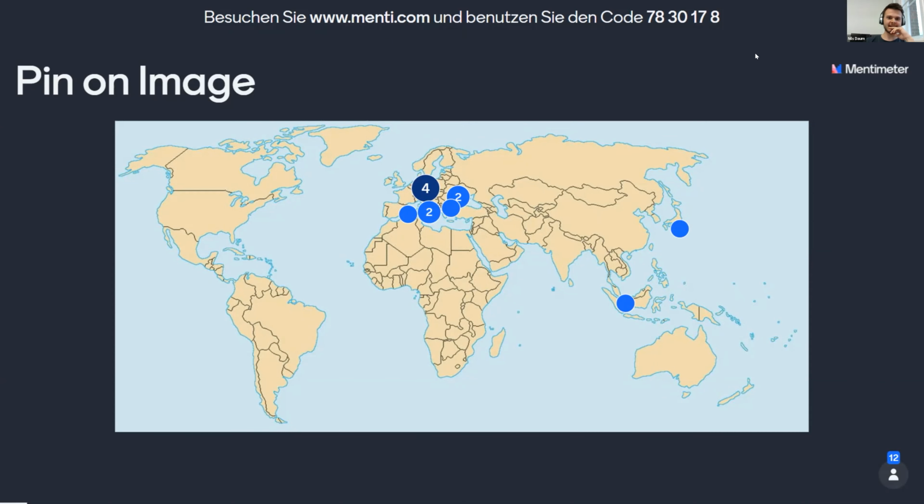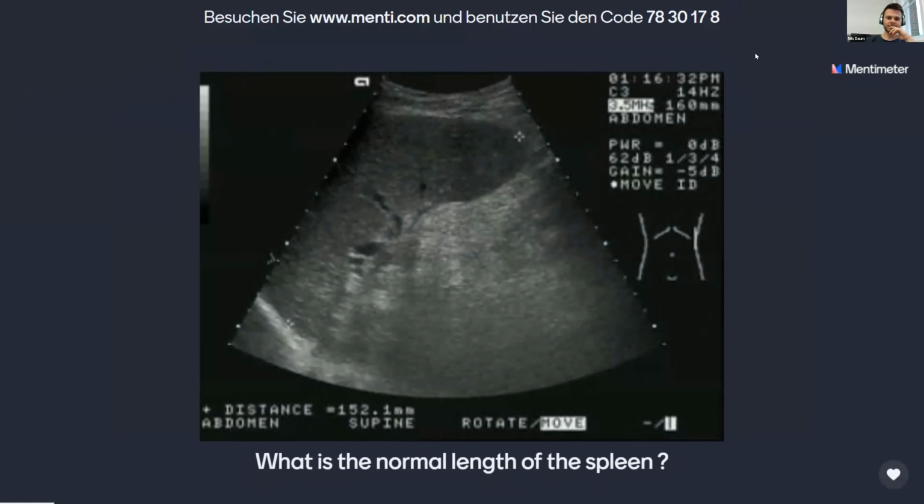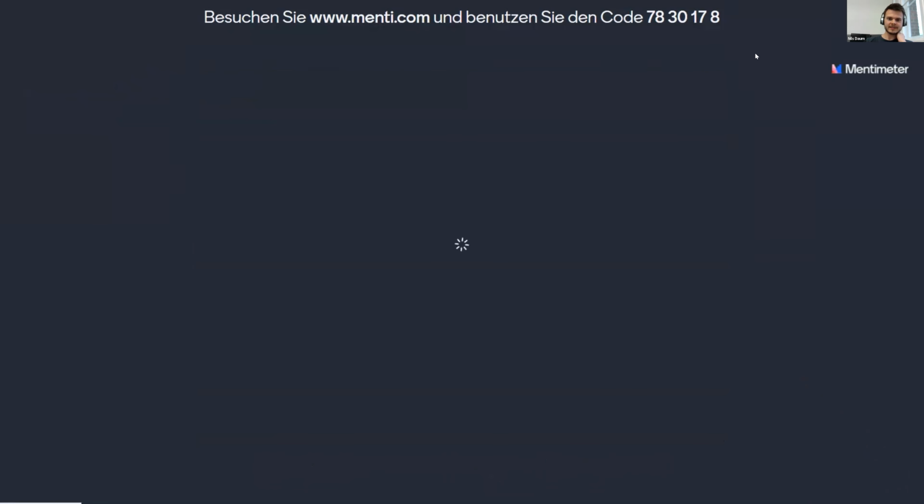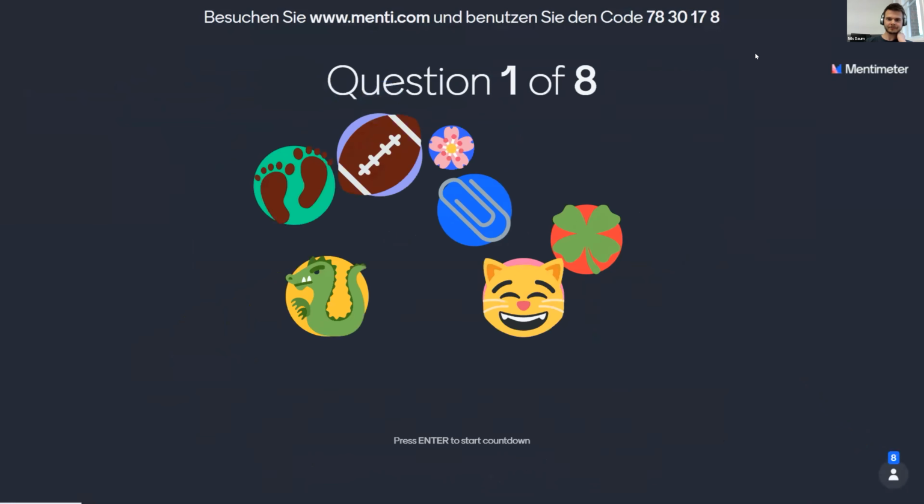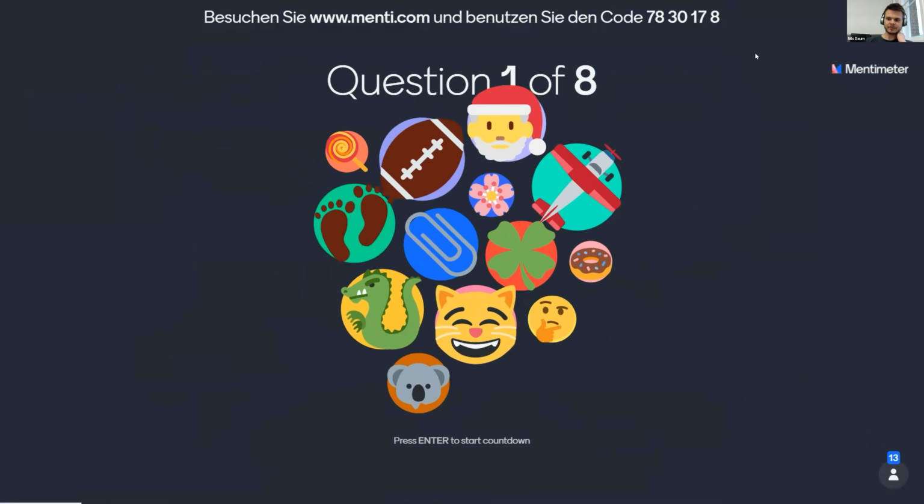So we will start with an easier question. You have an ultrasound picture here, and the question is, what is the normal length of the spleen? We have 13 participants.